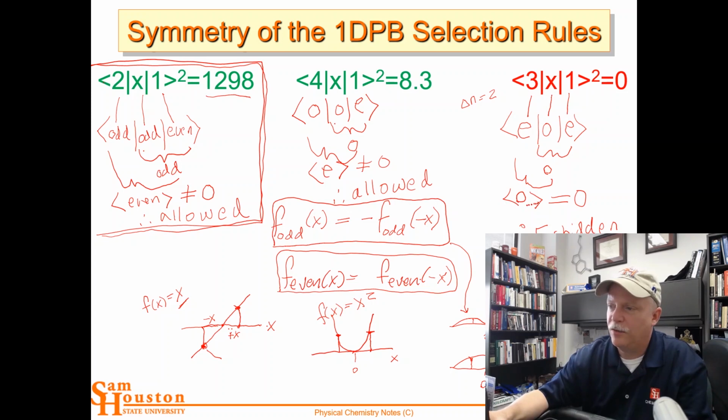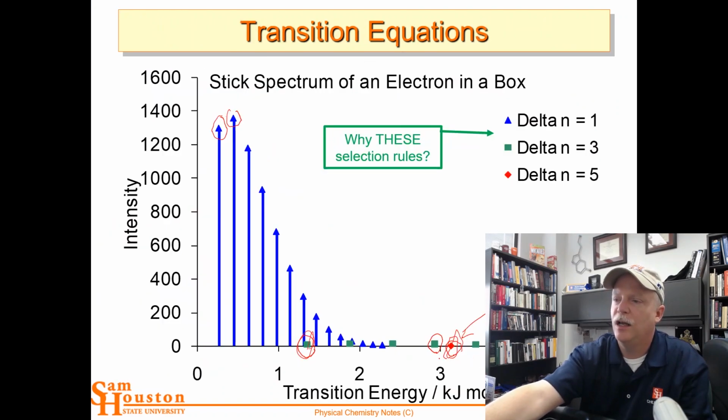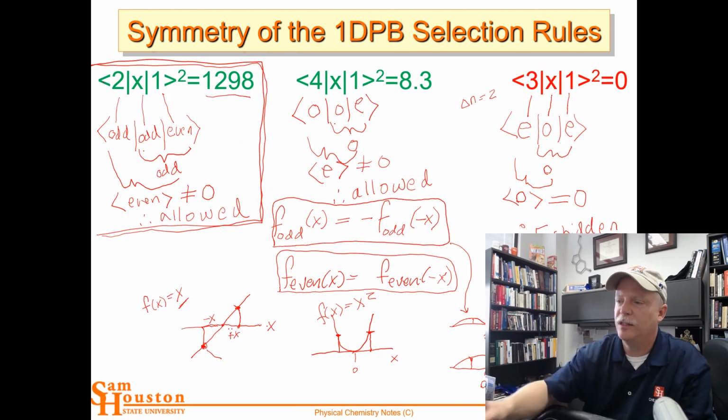So here we have an integral over all space of an odd function, and by definition that's equal to 0. Therefore, this jump is forbidden. So this would tell us that in that experimental spectrum that we had back here, none of these peaks results from a 1 to 3 transition, because that would be a delta n equals 2, and that would be forbidden by symmetry.